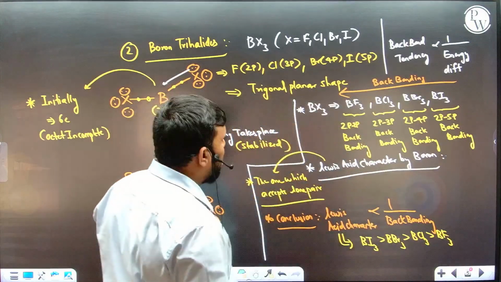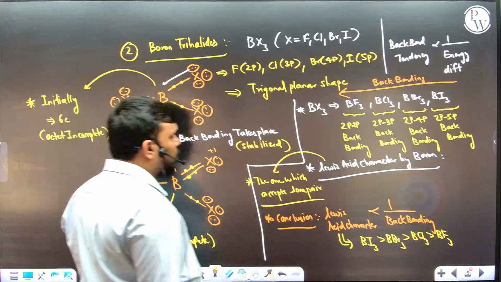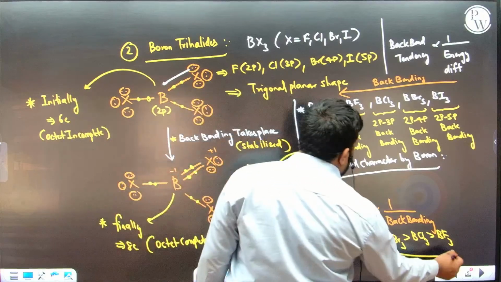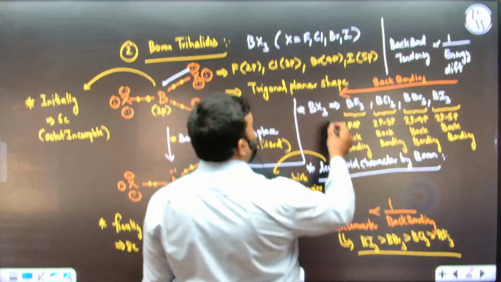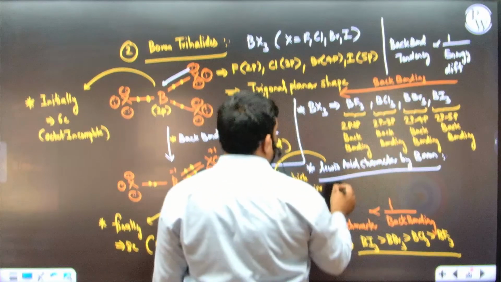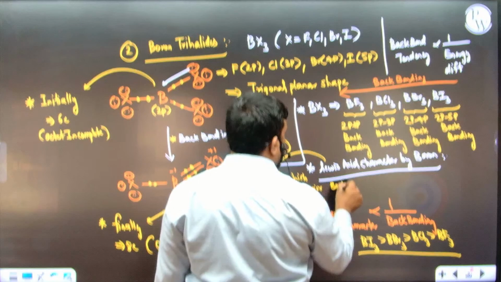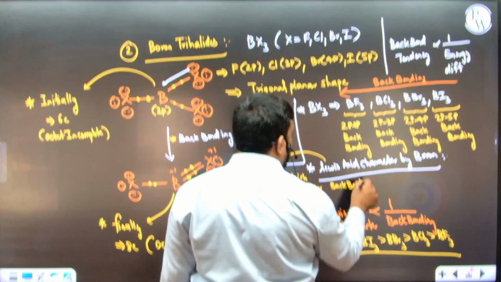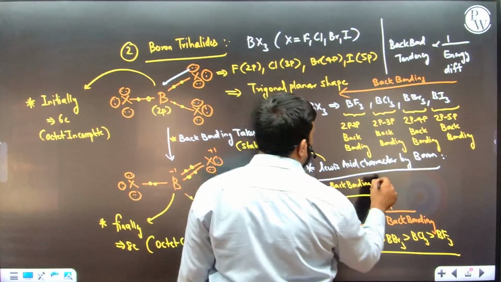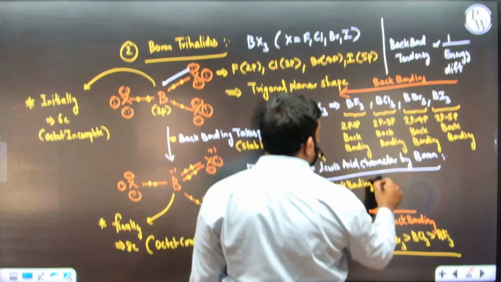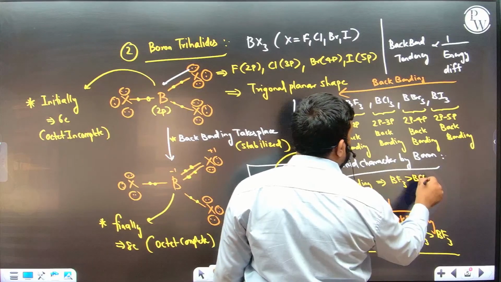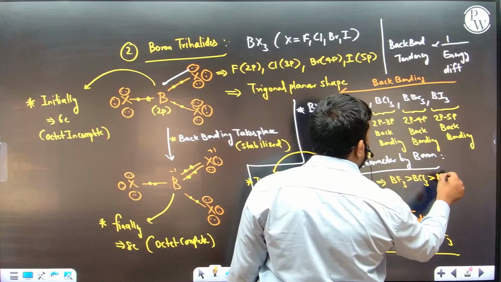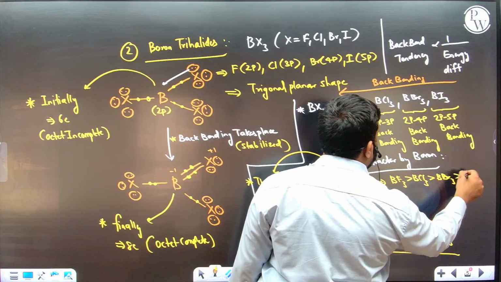So this was the PYQ question. They have asked this in PYQ. And I explained in detail, I derived everything here, and also talked about back bonding. The tendency of back bonding, as already discussed, is BF3 more than BCl3, more than BBr3, more than BI3.